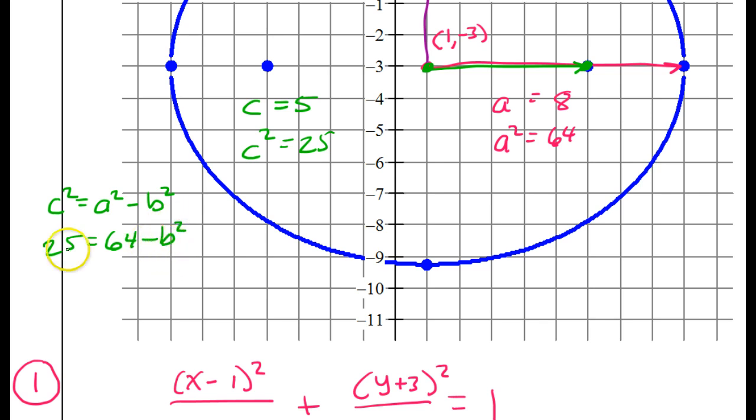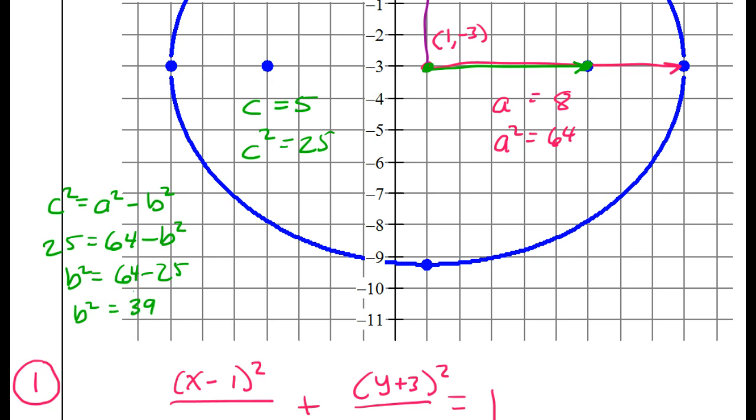If I add b squared to both sides and subtract 25 from both sides, I'm going to get b squared is equal to 64 minus 25. Okay, so b squared is equal to 39.